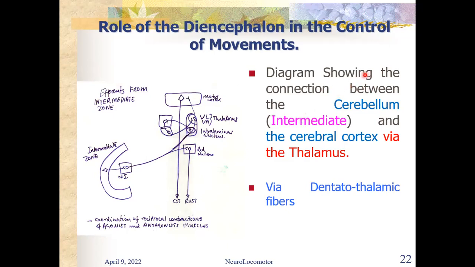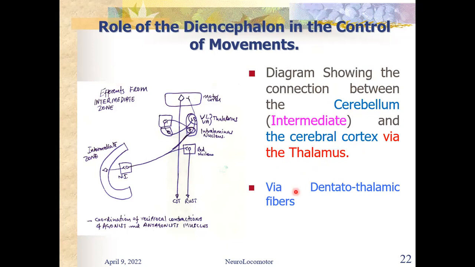This diagram shows the connection between the intermediate cerebellum, or spinocerebellum, and the cerebral cortex via the thalamus. The thalamus is the main subject of concern because it's part of the diencephalon. So we are looking at the role of the diencephalon, the thalamus, in the control of movement.